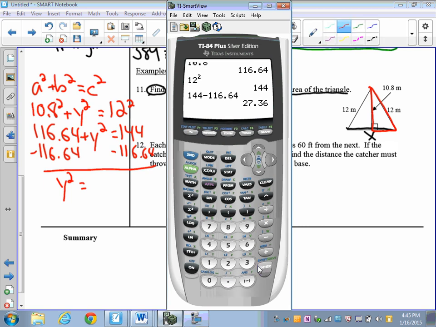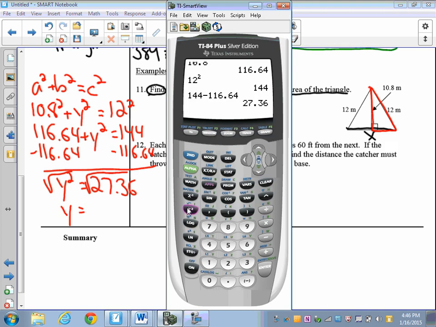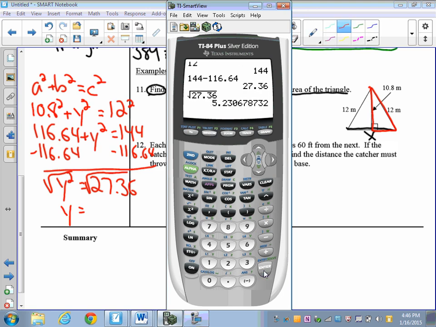We get 27.36. And we just take the square root. So again, second, that button there, the x squared button. So we get about 5.2.